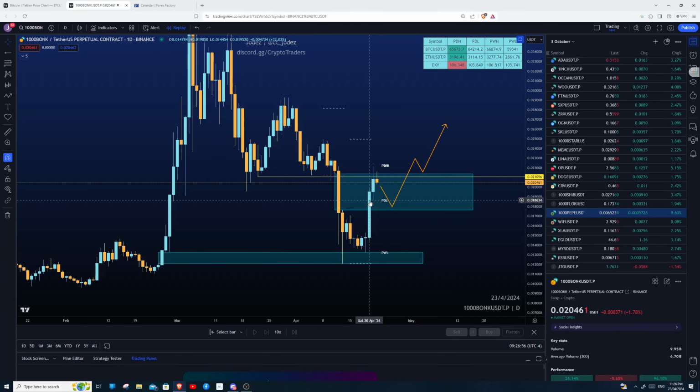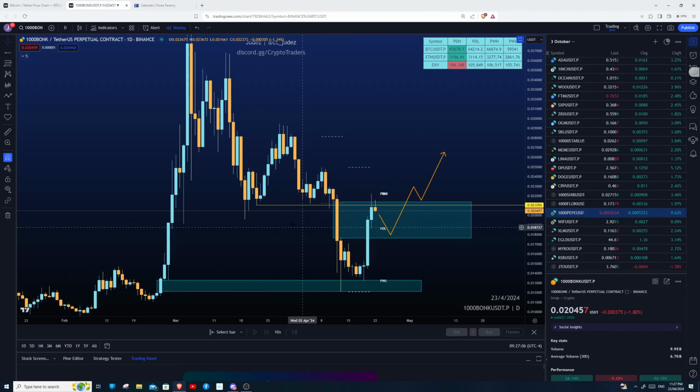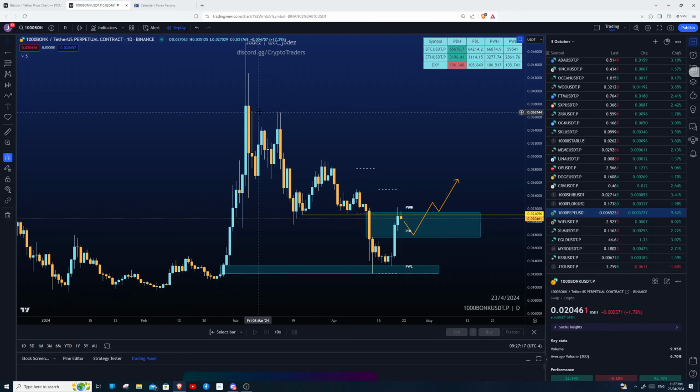So retrace back into daily fair value gap, sweep of previous day lows, and then another push after this cooling off retrace, and attempt to reclaim above 0.021. If it does successfully reclaim that, then we can expect continuation and a test of the previous highs back in March.